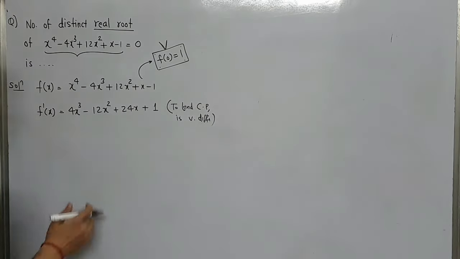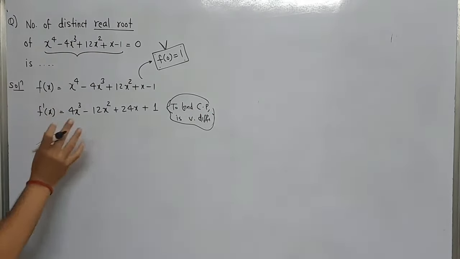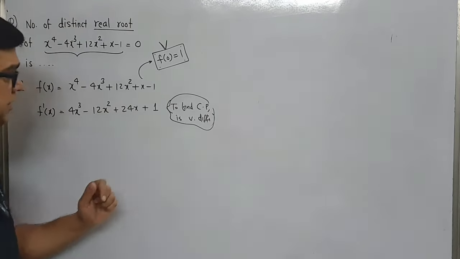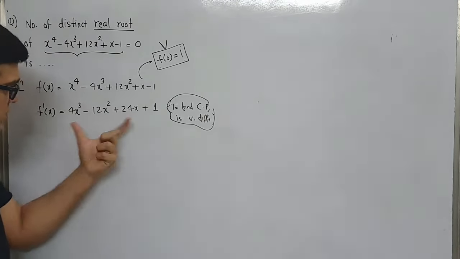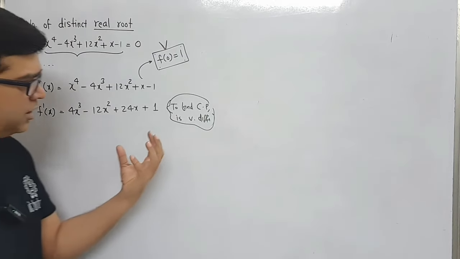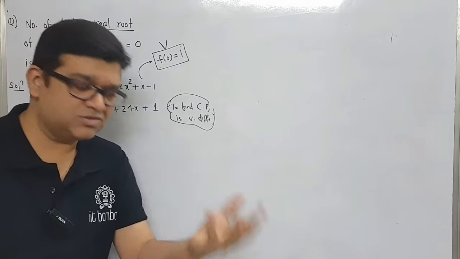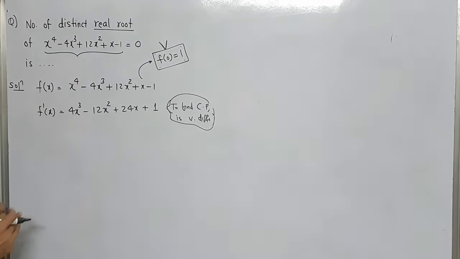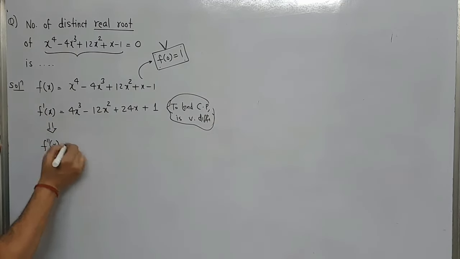So what is the way out? In this type of question, they purposely give you a biquadratic polynomial, which on differentiation results in a cubic polynomial where it is very difficult to find the critical points using trial and hit or synthetic division. So what do we do here? Notice carefully, I differentiate this a second time.